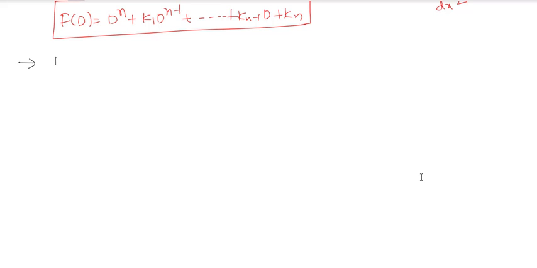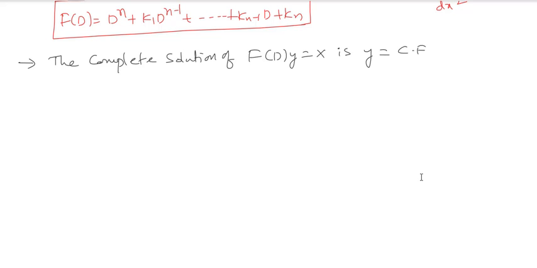The complete solution of f of d into y is equivalent to x is y is equivalent to CF, meaning complementary function, plus PI, meaning particular integral. So the complete solution for this will be what?